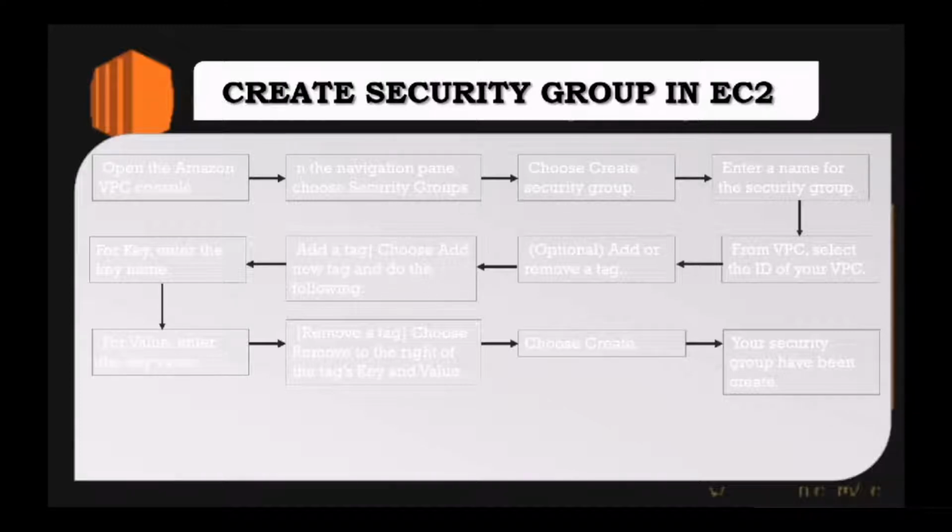To add a tag, choose Add new tag and do the following: for key, enter the key name, and for value, enter the key value. To remove a tag, choose Remove to the right of the tag key and value. Then choose Create, and your security group has been created.